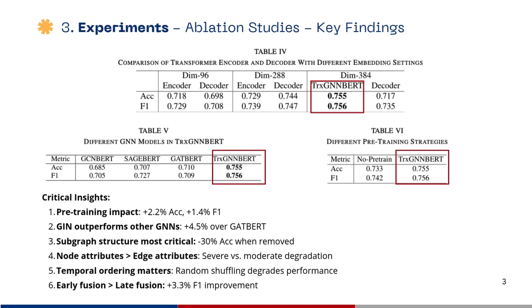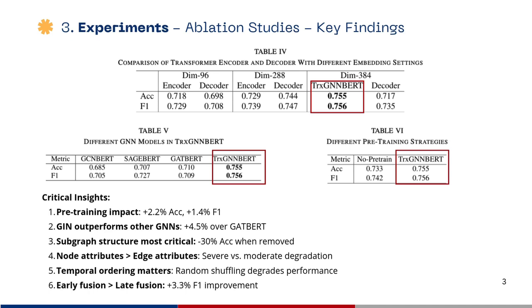Second, among different GNN architectures, GNN outperforms others by 4.5% over the second best, GAT BERT. This is because GNN can handle both node and edge attributes effectively. Third, and most critical one, is the subgraph structure is absolutely essential.